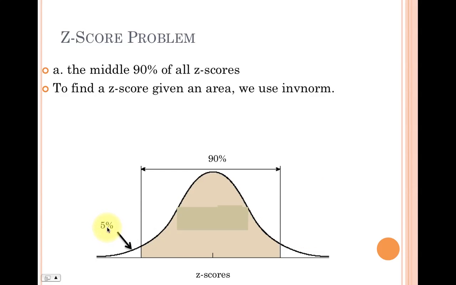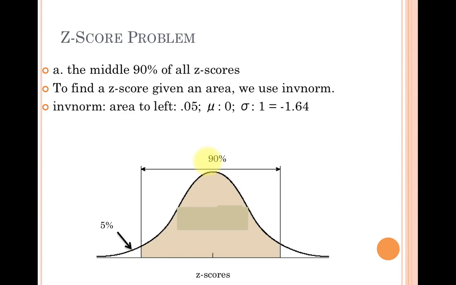So knowing that 5% of the bell curve lies to the left of this unknown z-score, we're going to use invNorm and put in area to the left as 0.05. Our area to the left is 0.05, our mean is 0, our standard deviation is 1, and we get a z-score of negative 1.64.